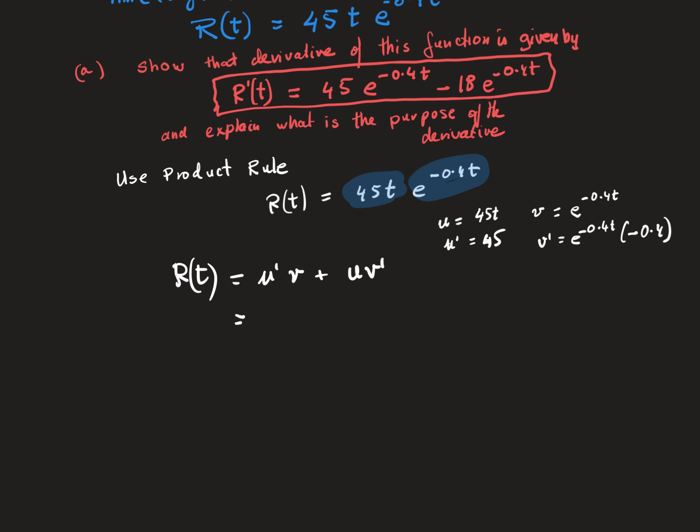So now we just substitute this. That's the 45. You okay with that? Yes? All right. And v is equal to, so far I'm not doing anything that's really hard, am I? I mean, and then u is 45t, and v dash is e to the minus 0.4t.